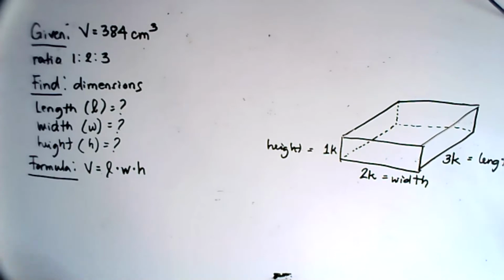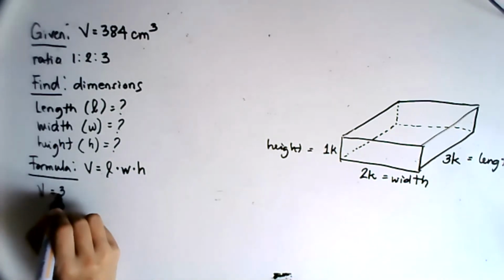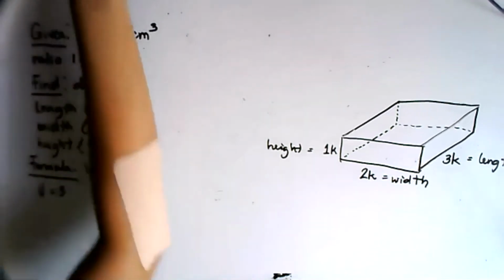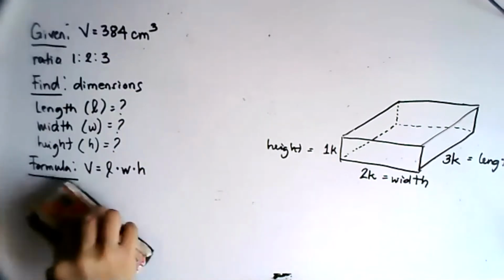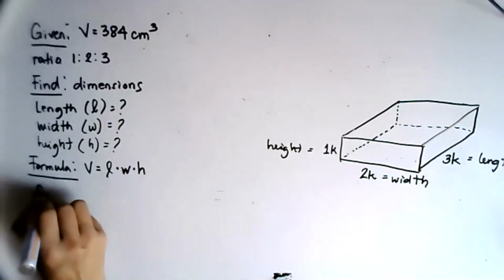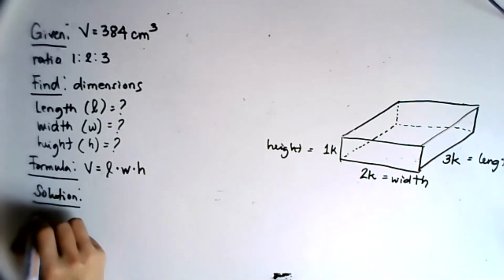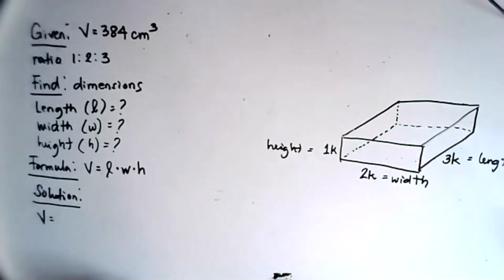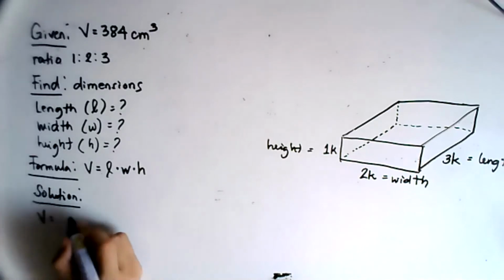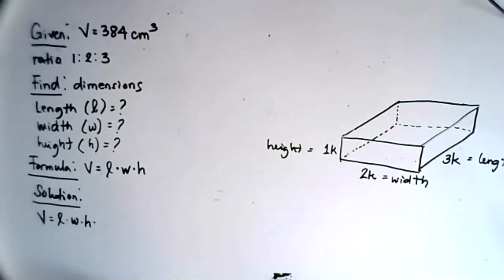So the volume of the solids, the volume is equals to 300. Sorry. Let's go to the solution. So you have the solution. Volume is equals to length times width times height.